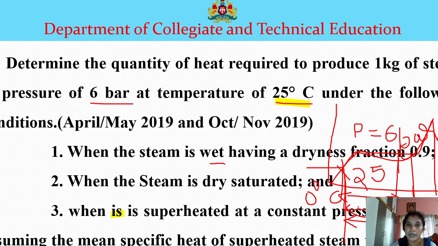These were the 3 conditions they have mentioned in the problem. So the initial condition of pressure is 6 bar. So what they're asking, when we keep the pressure constant at 6 bar and we heat that water, instead of from 0 degrees Celsius, if we start heating from 25 degrees Celsius, what is the quantity of heat required for these 3 conditions? That was the question they have asked in this particular problem.